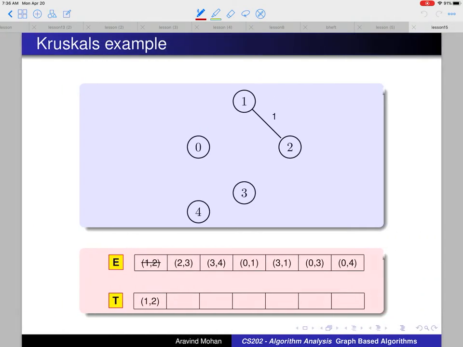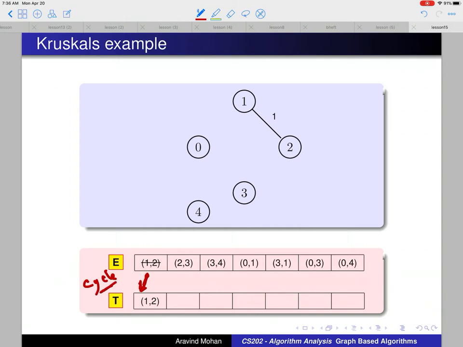The next step is we pick the minimum one, the lowest one in that edge set, which is 1, 2, and we add that to the subset T. The condition for adding it to subset T is that every time you add an edge to T, you want to make sure there is no cycle.